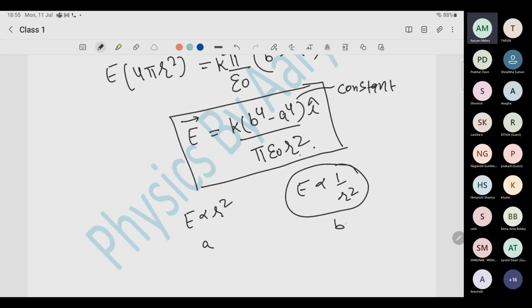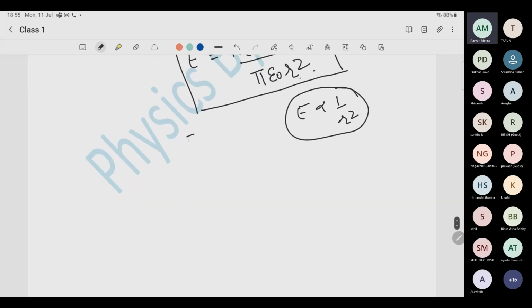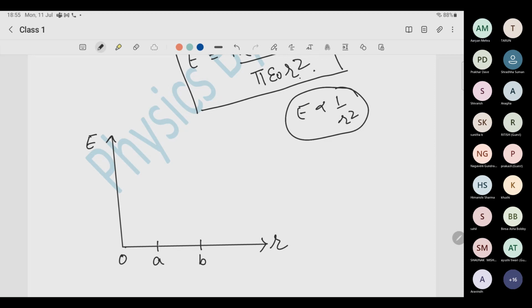Here we have this. So let's try to plot this. This is our electric field and this is our R. Let's divide it: 0 to A, 0 to B, and then forward. What is the electric field till A? 0, sir.